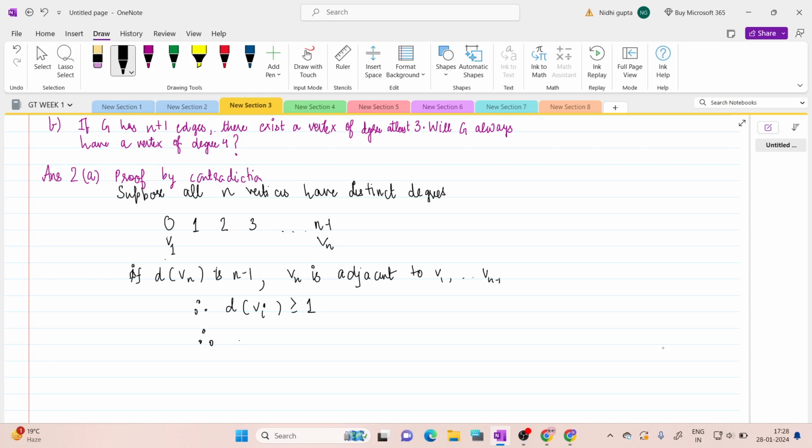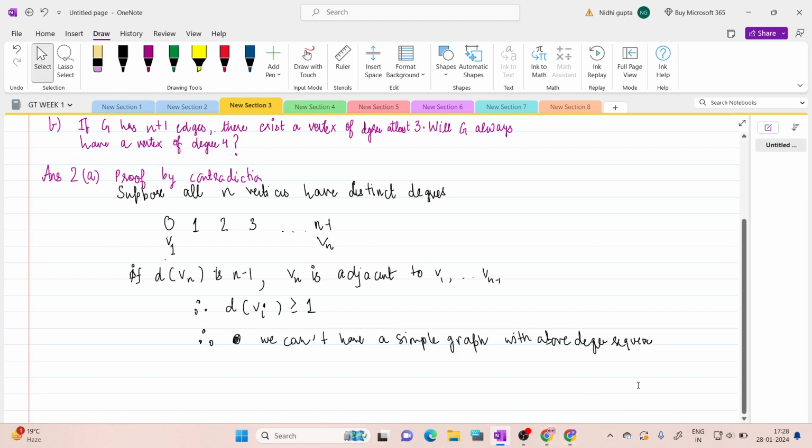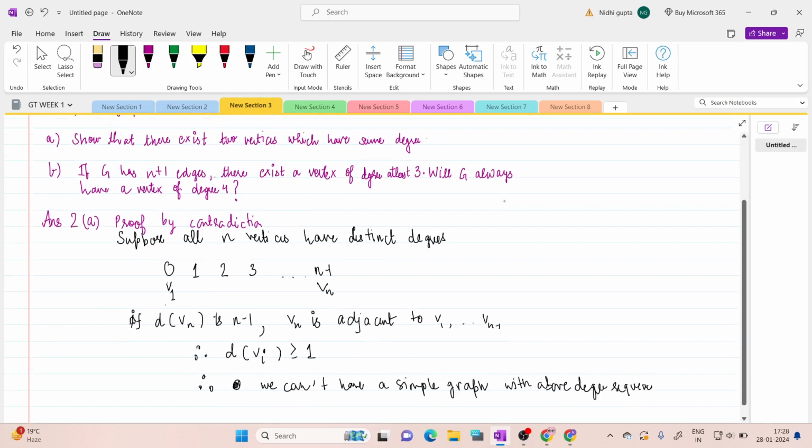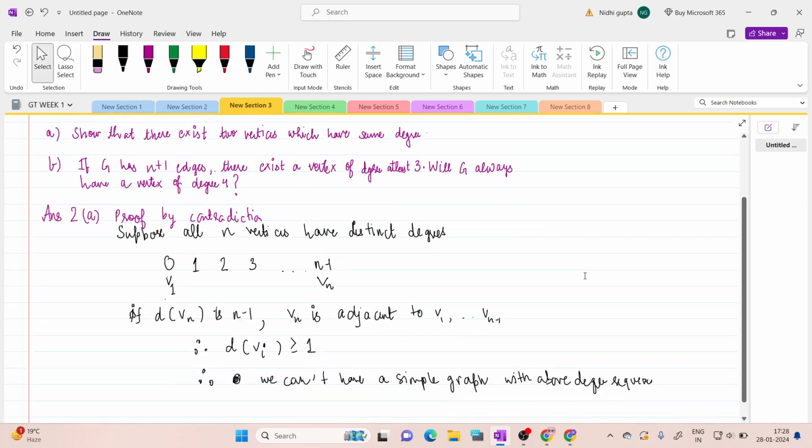Therefore we cannot have a simple graph with the above degree sequence. So did everyone understand? And therefore what we assumed was false, and there should be at least two vertices which have the same degree.